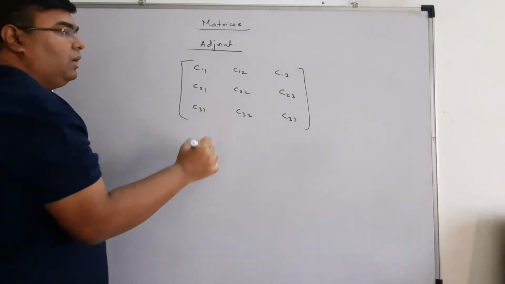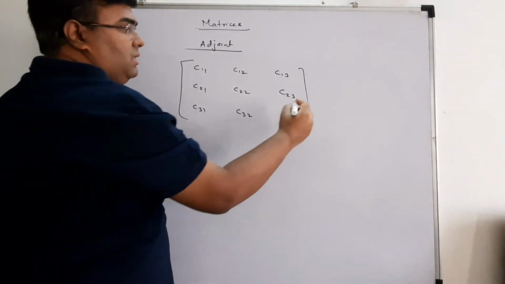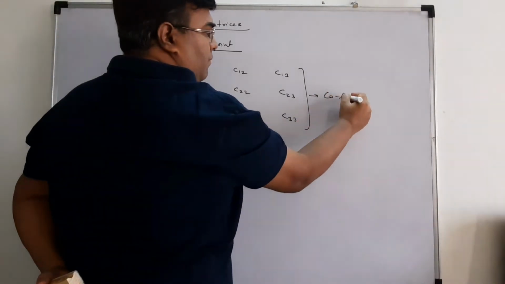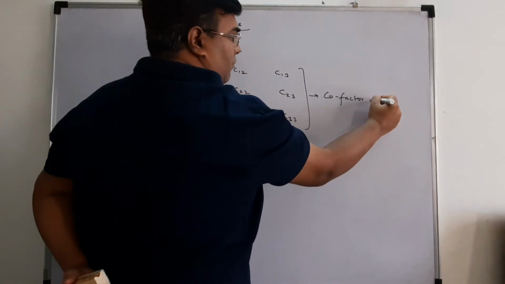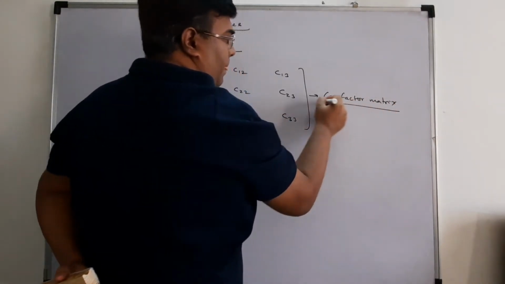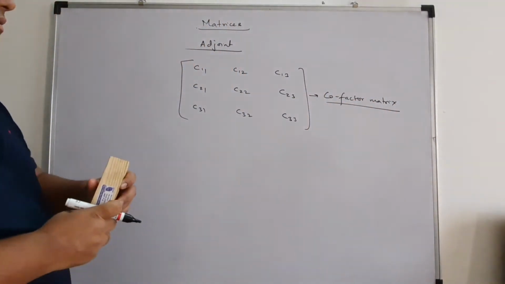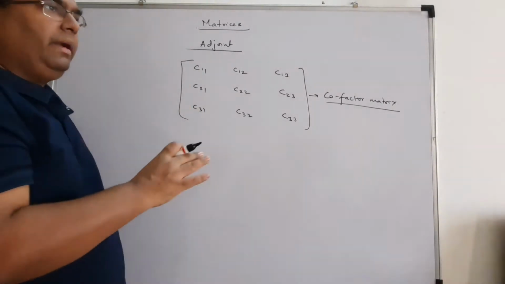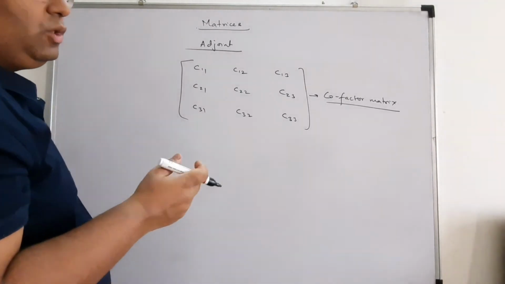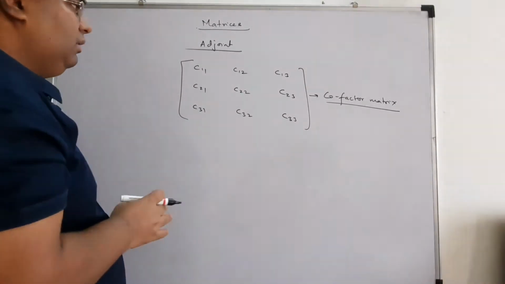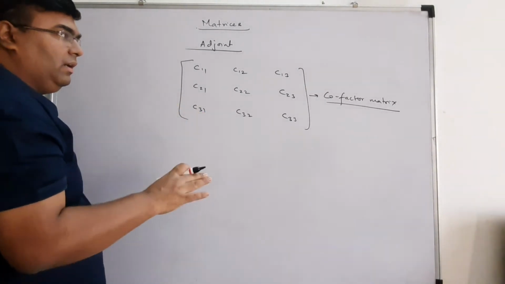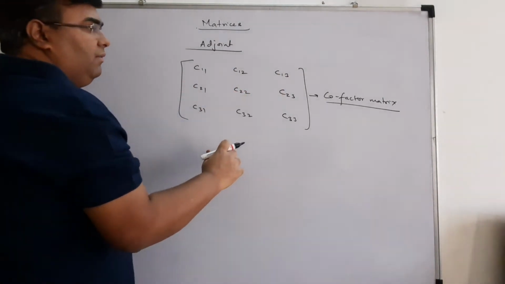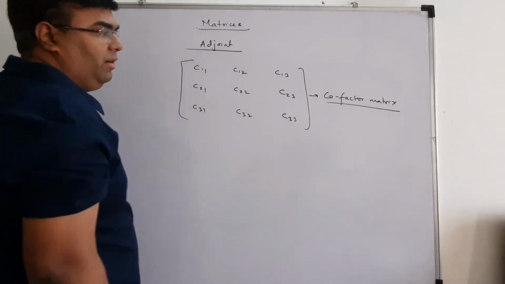This is called my cofactor matrix. Cofactors we will calculate like we did this. For C11, minus 1 raised to power i plus j times M11, and we will find out all the cofactors and put them like this. This is known as my cofactor matrix.